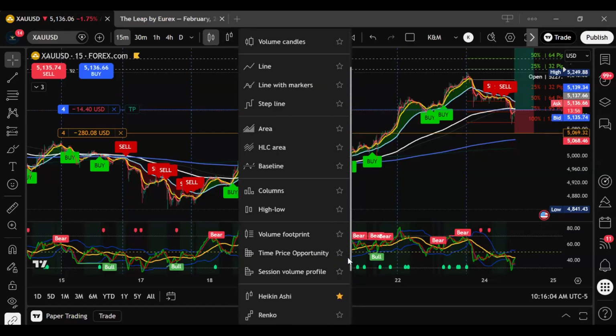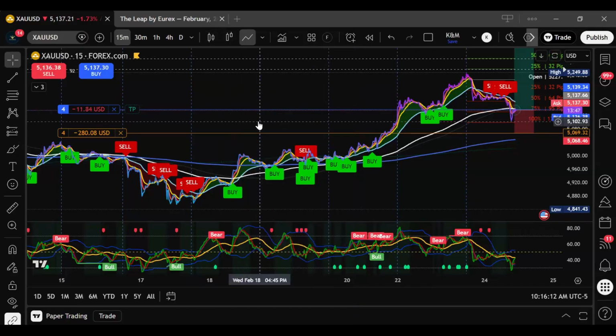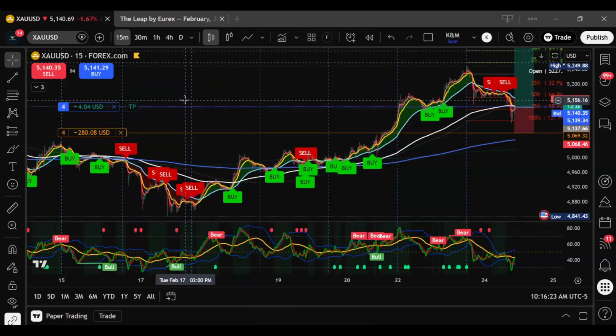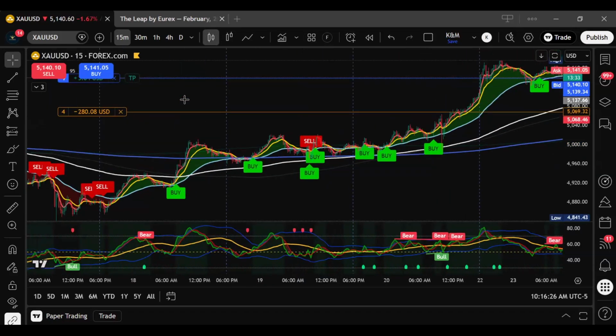Oh, and MT5 on the app got Heikin Ashi candles. I don't know if anybody knew that. I thought that was cool. I wanted to remove them altogether, but whatever, we're gonna keep it there.